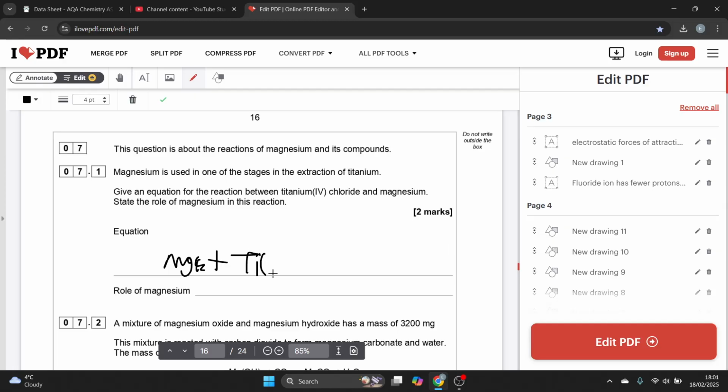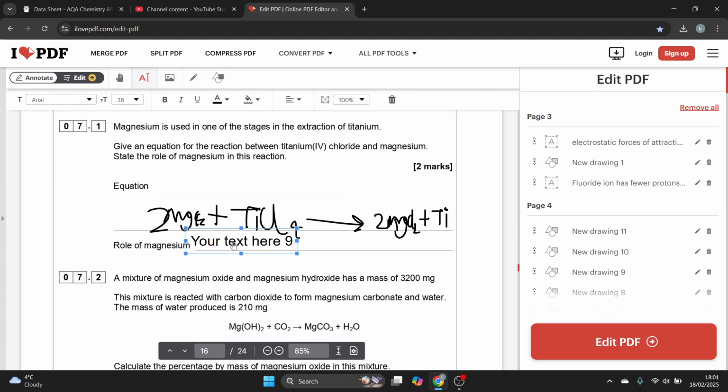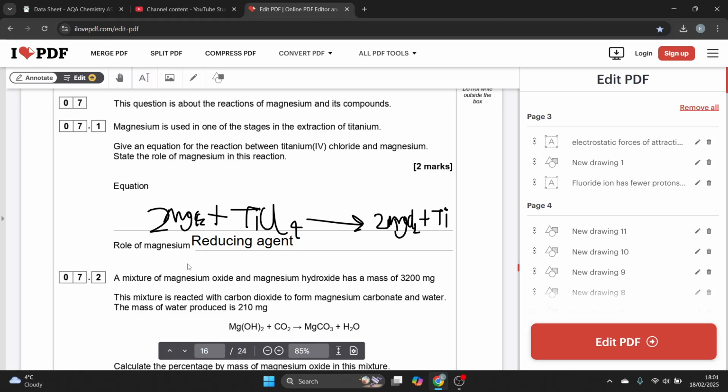Symbol equation: Mg plus TiCl4, and if I need a 2 here, yes: 2Mg plus TiCl4 to form 2MgCl2 plus Ti. The role of the magnesium is the reducing agent. 2Mg plus TiCl4 to form Ti plus 2MgCl2.